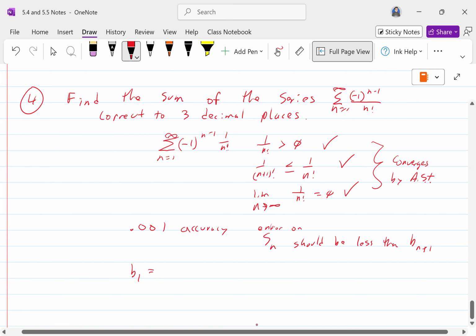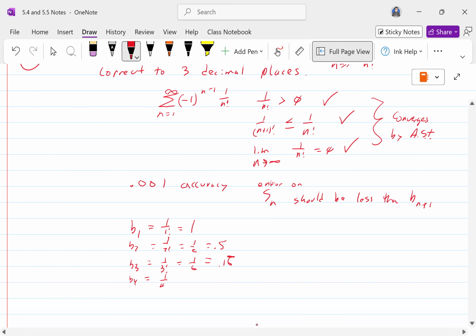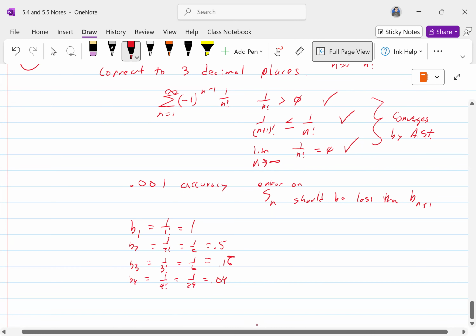b_1 is 1 over 1 factorial, which is equal to 1. b_2 is 1 over 2 factorial, which is 1/2, or 0.5. b_3 is 1 over 3 factorial, which is 1 over 6, approximately 0.16 forever. b_4 is 1 over 4 factorial, which is 1 over 24, which is 0.0416 forever.